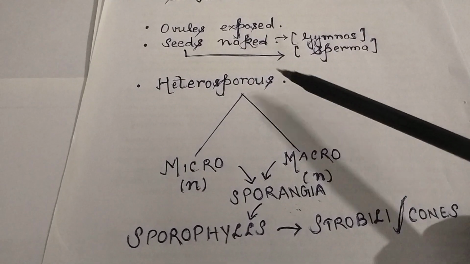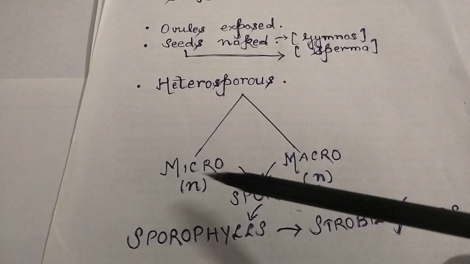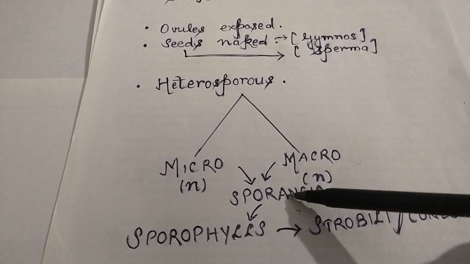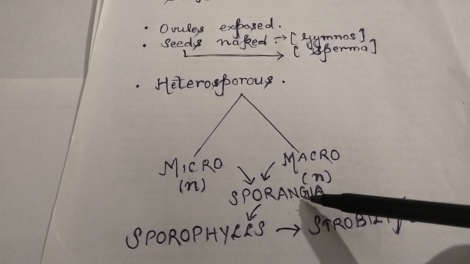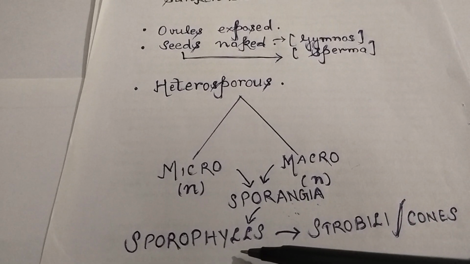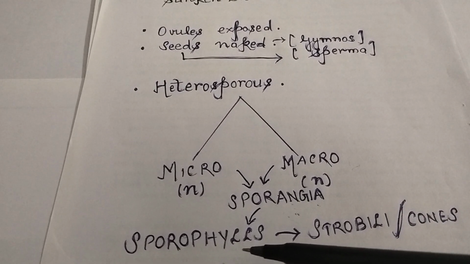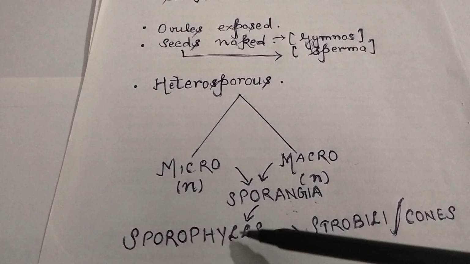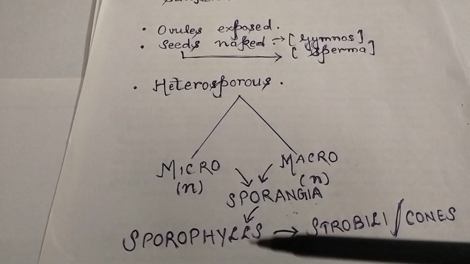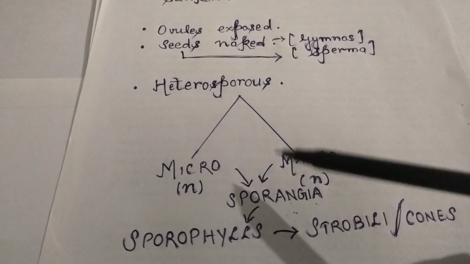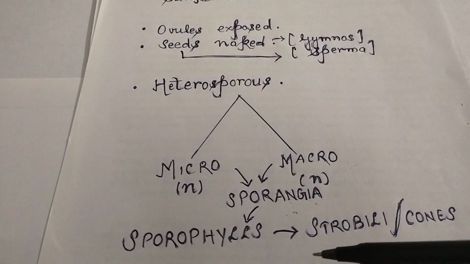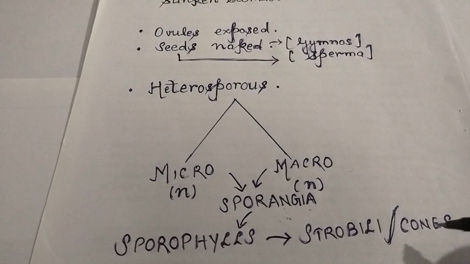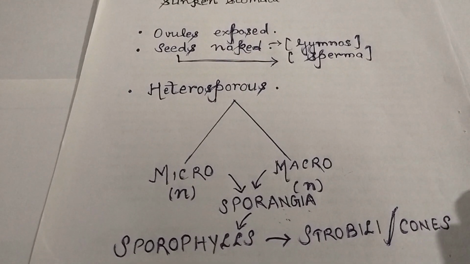Gymnosperm is heterosporous. It will produce two different kinds of spores, microspores and macrospores. Spores will be formed in spore bearing body, that is sporangia. Sporangia are arranged on specific structures, that is sporophylls. They are the leaf-like structures which bear sporangia. And these sporophylls are arranged spirally along an axis to form a compact structure which will be called as strobili or cone.